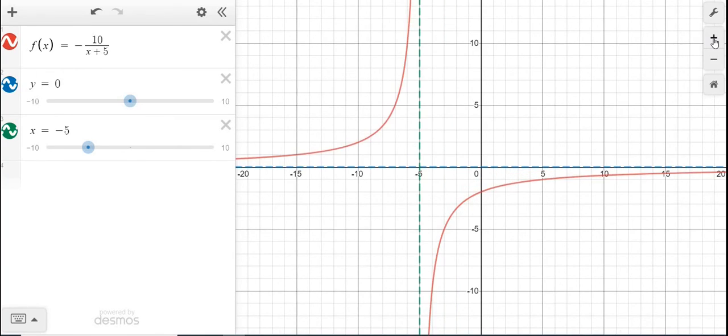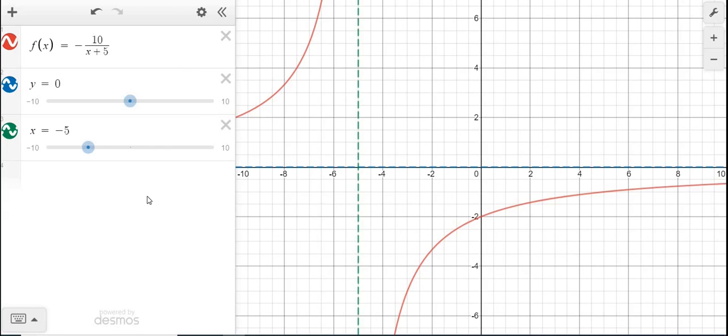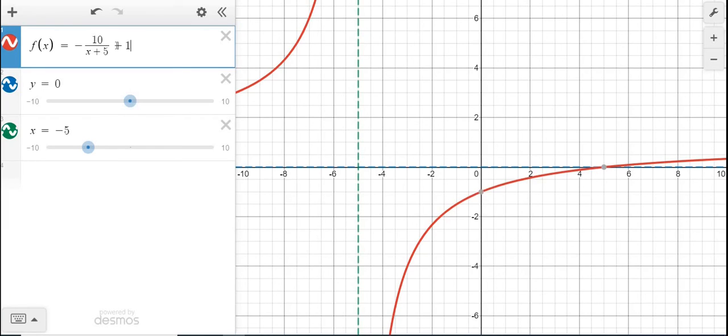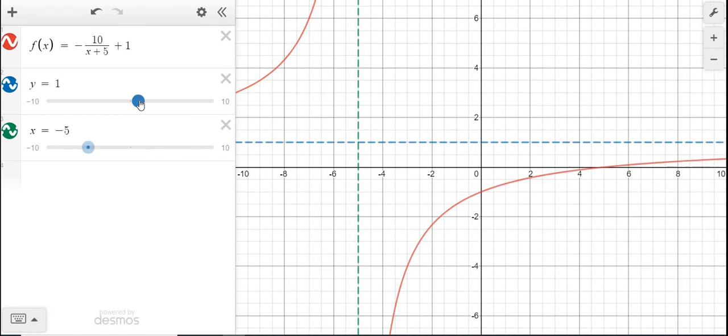So next we're going to consider what happens if we make the transformation of adding 1. Okay, now that also had an effect on the function. What it did was it shifted the entire function up 1 unit. And so let's see what happens when we shift the horizontal asymptote as well. We're going to move it over until we get to 1.